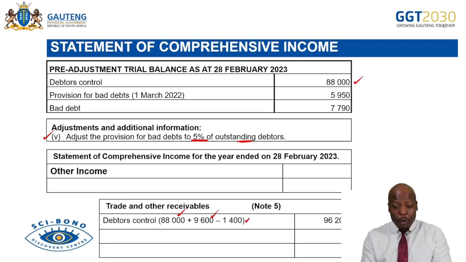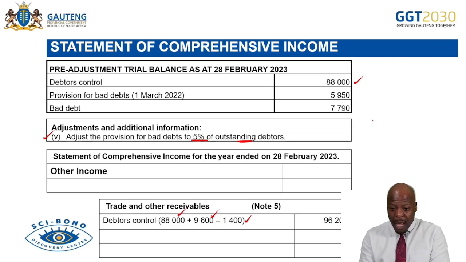And then we had an amount of 1,400 where we were told that these debtors have been declared that they will not be able to pay, bad debts. So we now have debtors that are able to pay, that is 96,200. Then this is what we call our outstanding debtors. From this particular amount then, we are told to adjust the provision for bad debts to 5%.